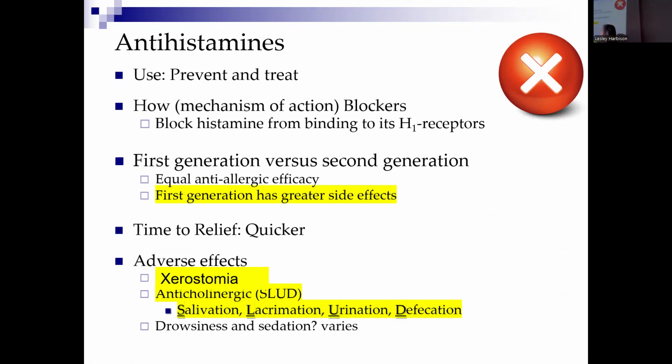And so that's that SLUD you'll see written. Pharmacy students would refer to that a lot. SLUD, there's a little overlap here, but it's salivation, lacrimation, urination, defecation. And so we get that anticholinergic effect with quite a few medications, actually. And then drowsiness and sedation varies depending on the drugs.